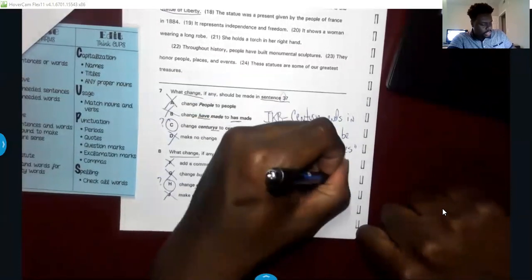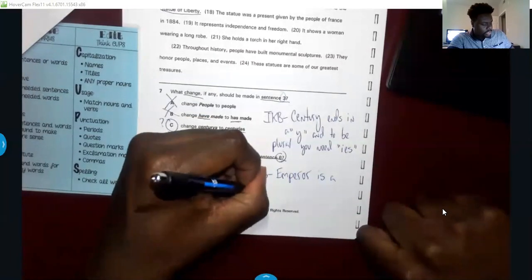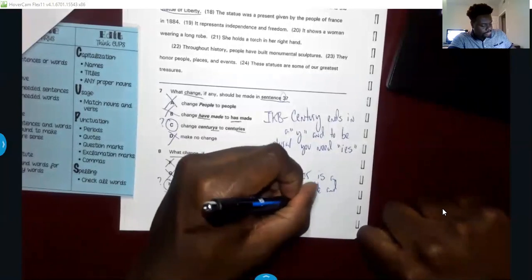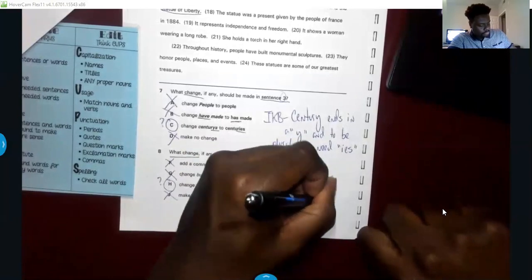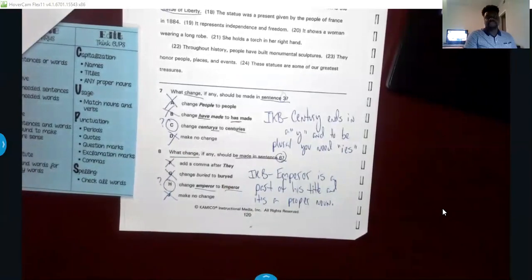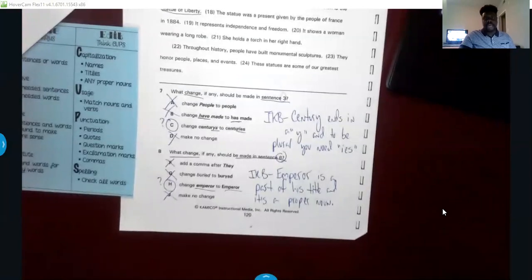Emperor is a part of his title. And it's a proper what? Noun. Emperor is a part of his title and it's a proper noun. So it should be capitalized because we know that proper nouns are always capitalized.